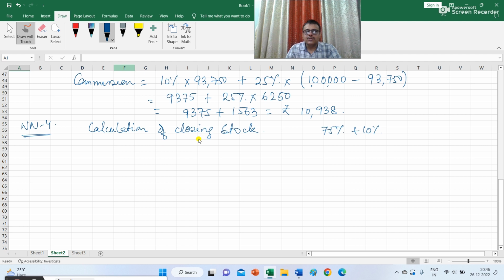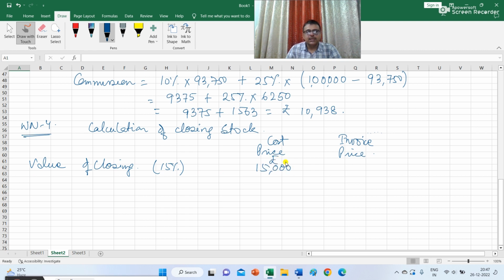So the amount of closing stock represents 15% of the goods consigned. So here I am writing the cost price, then invoice price. So closing stock, the value of closing stock for 15% is 15,000. Here 15% of 1 lakh is 15,000, and 15% of 1,25,000 is 18,750.